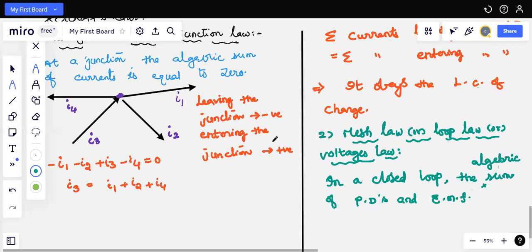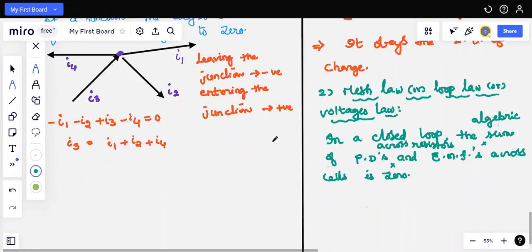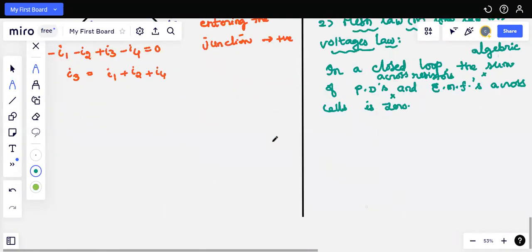So the algebraic sum of PDs and EMFs: PDs across resistors and EMFs across cells is 0. This one you already know from that chapter. So for that, what we are going to write here in the same way.